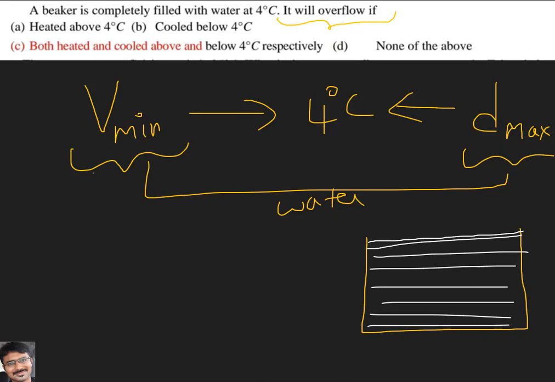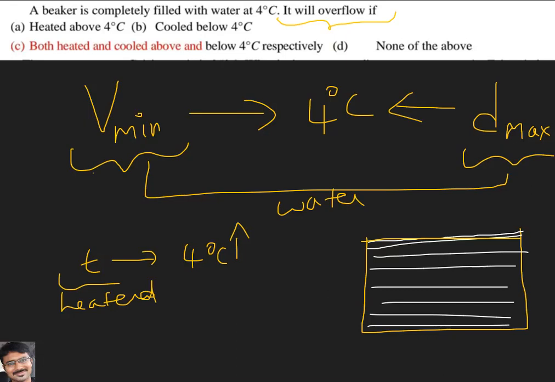If suppose you heat this one, volume is minimum here. Now the temperature is increased just a little above 4 degrees centigrade, that means heated. If heated, temperature will be greater than 4 degrees centigrade.